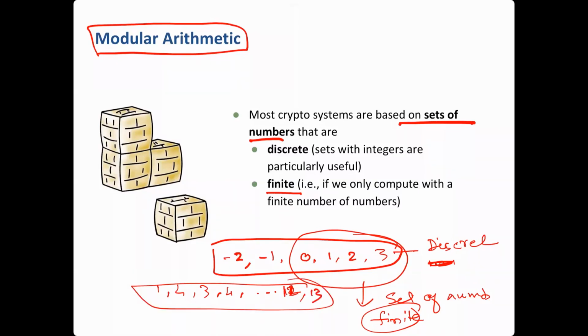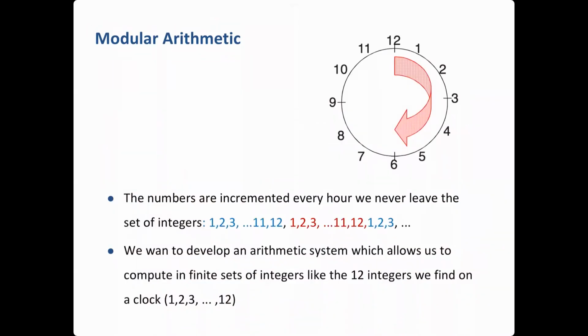You can't have 13. Then you come back to 1. So you have 1 to 12 numbers, and then you don't have 13, then it repeats.